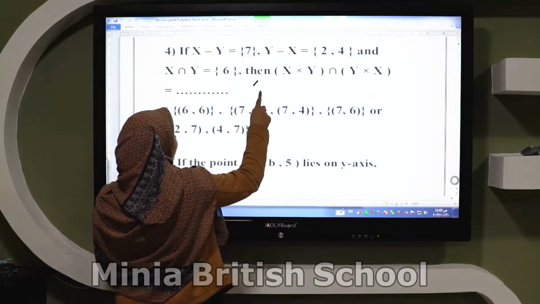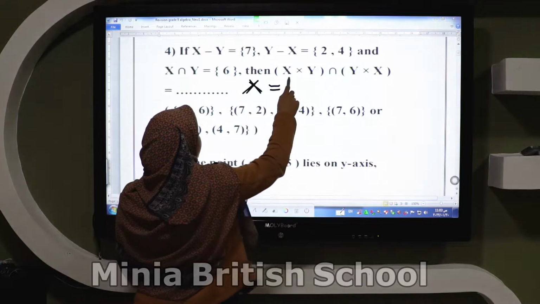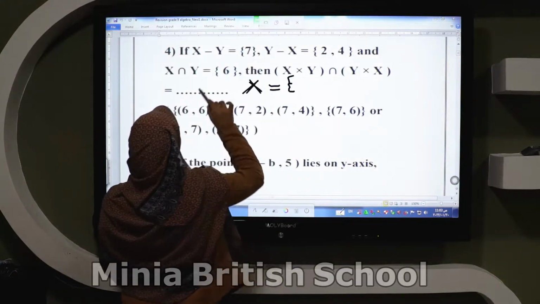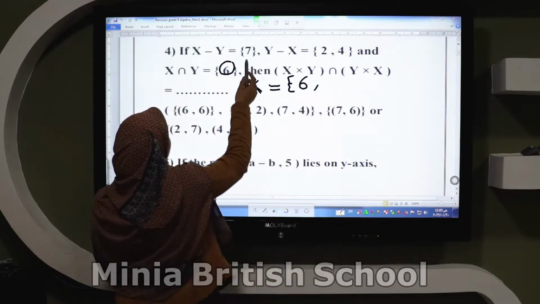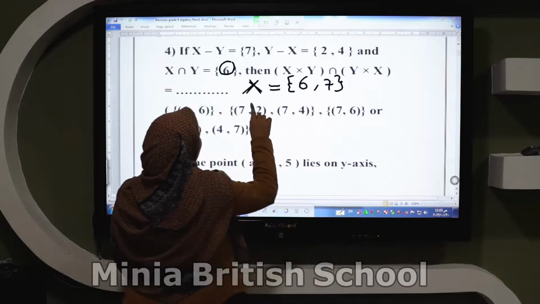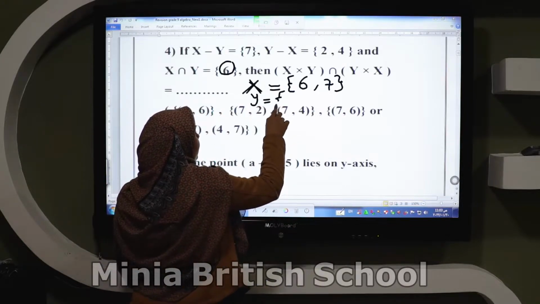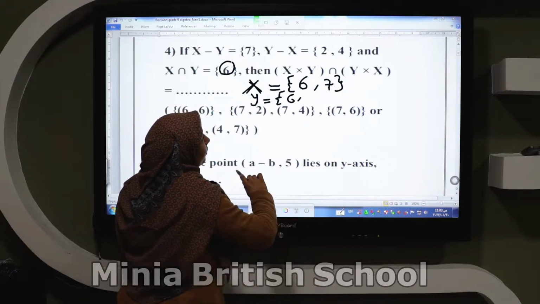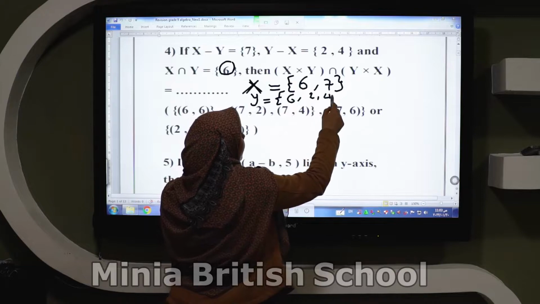here x equals the set {6, 7}, because 6 is the common element and the element belonging only to x is 7. Y is the set of what? Yes, 6, and the elements which belong to y, 2 and 4.